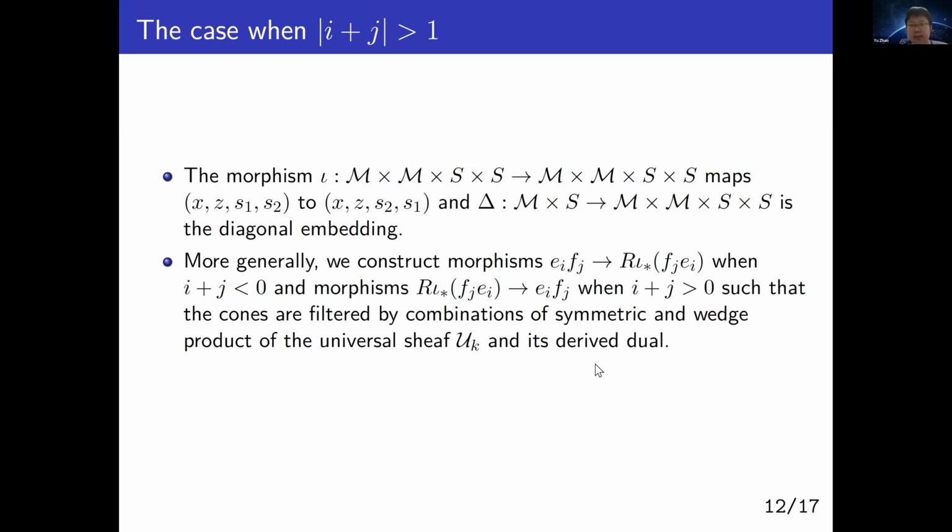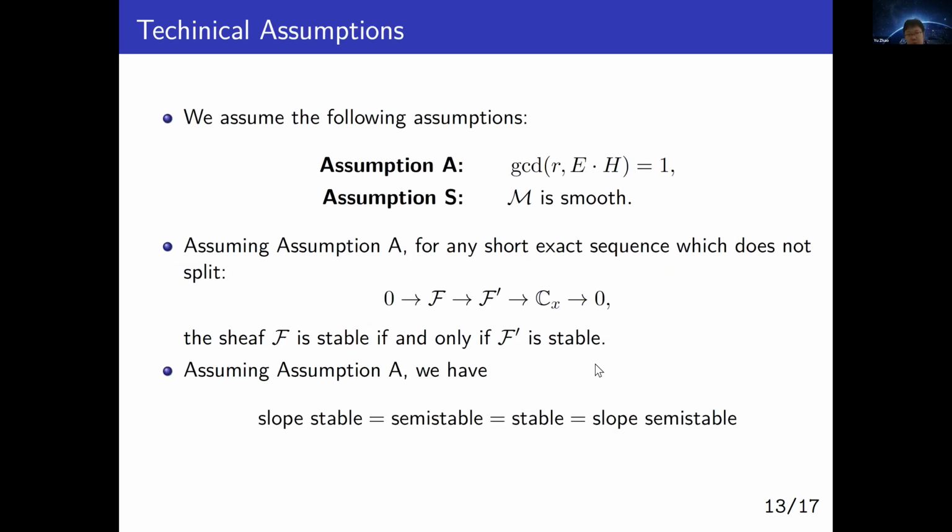Okay, then for the time left, I would like to briefly explain how to prove this one. So here I should recall what assumptions we make. The first assumption is that if we consider a non-splitting extension, then F is stable if and only if F prime is stable.